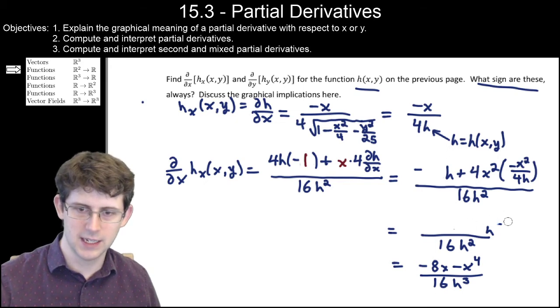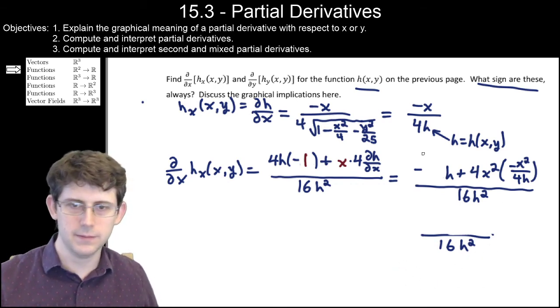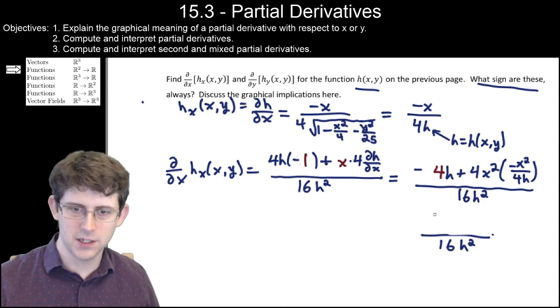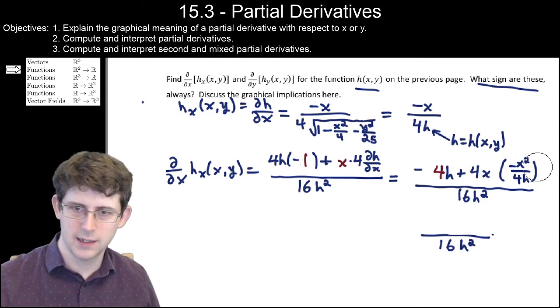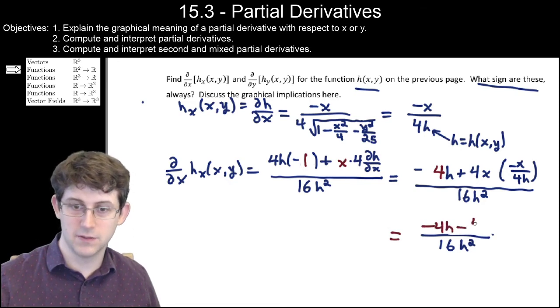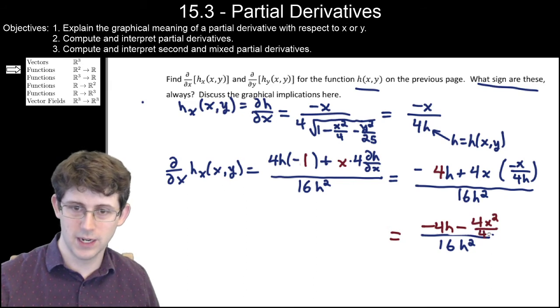Let's get rid of all this. Except it looks like the h squared in the denominator is all good. So I have minus 4h, and then instead of 4x squared, I have 4x, and this one is also minus x. So in the end, I've got minus 4h minus 4x squared over 4h.